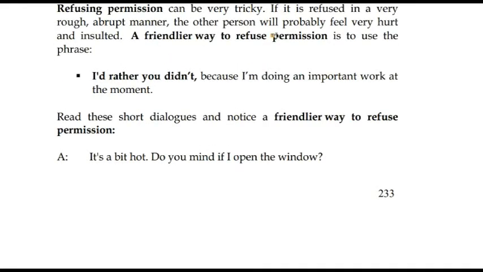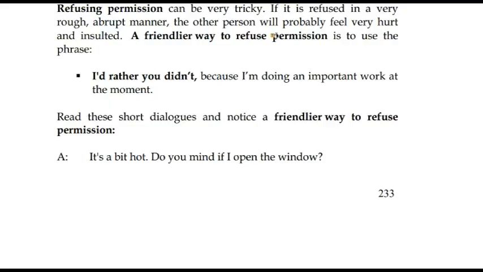As I already told you, refusing permission can be very tricky, and if permission is refused in a rough and abrupt manner, the other person will probably feel very hurt and insulted. It could result in losing a relationship, or losing an acquaintance. So you should always find a polite way to refuse permission.